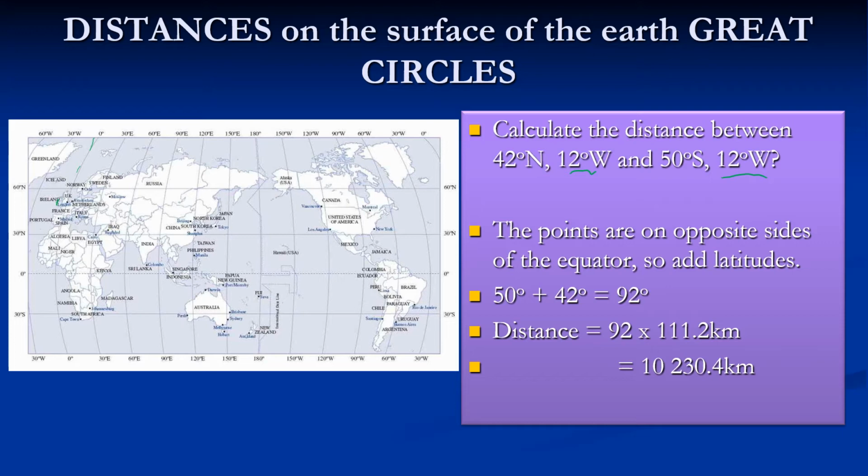Well, that's 30, so let's go travelling from there to there. So you have to add them together for a total of 92 degrees. So you've got 92 degrees times 111.2 kilometres per degree, and that'll get you a total of 10,230 kilometres.